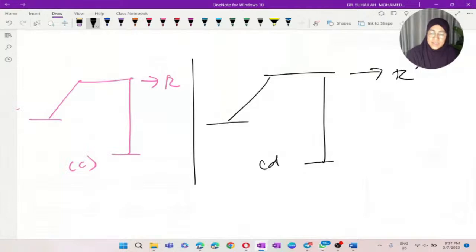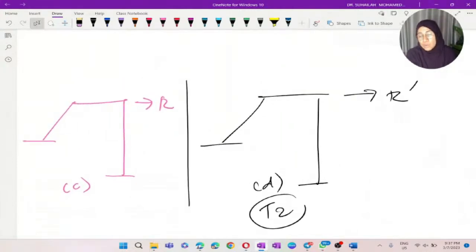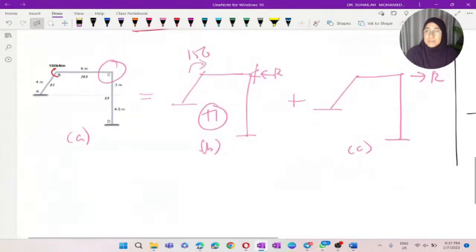So this is diagram D, and this is table 2, the second part of the analysis. Table 2 will be based on this diagram. This is a frame subjected to Sidesway, subjected to delta only. So this is actually the principle of superposition.